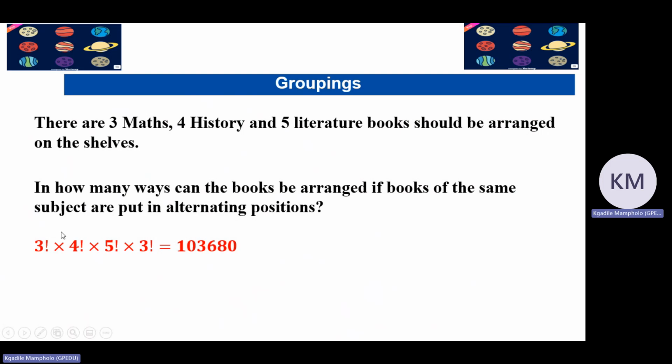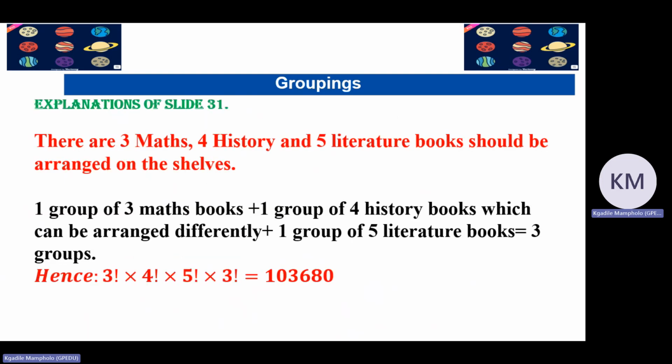Now we have 3 groups, that's why we have 3 factorial. It means these 3 groups can be arranged differently. Then I explained that we have 1 group of maths books, 1 group of 4 history books, which can be arranged differently also, and 1 group of 5 literature books, and 3 groups.